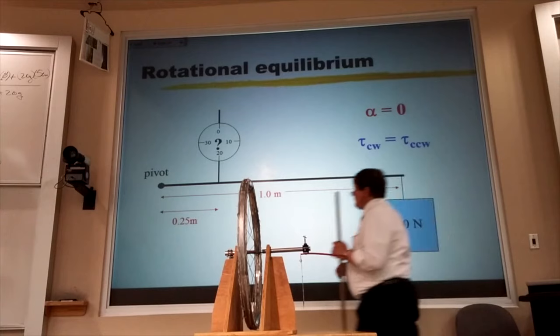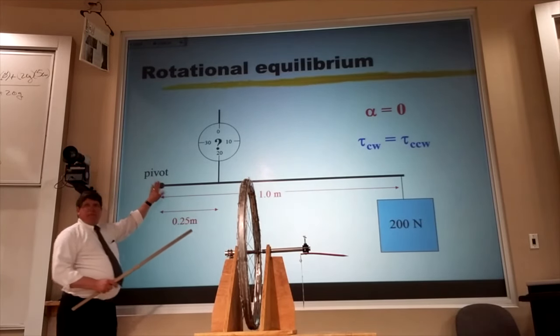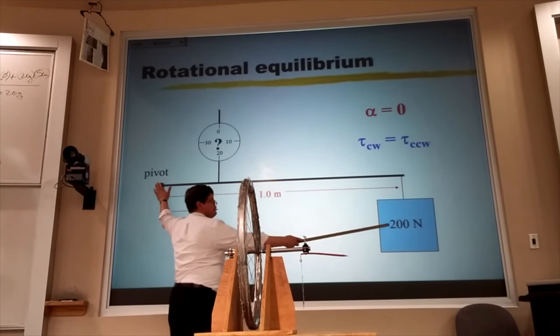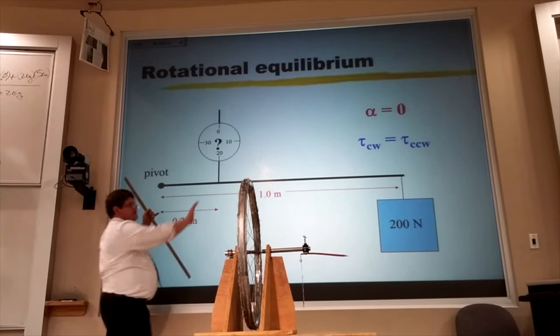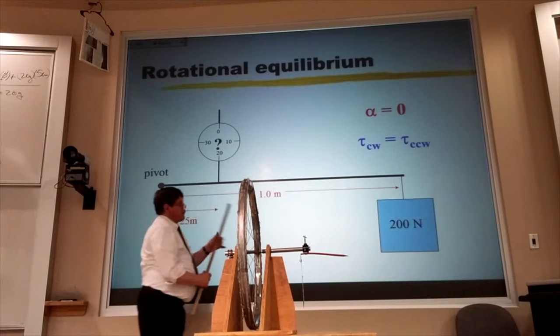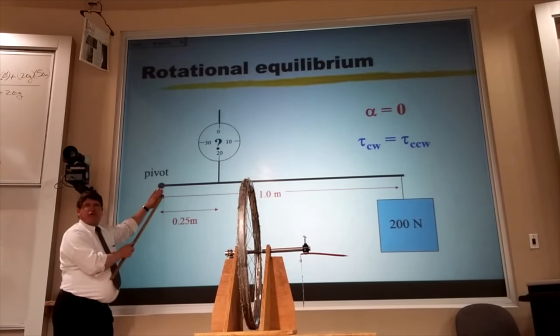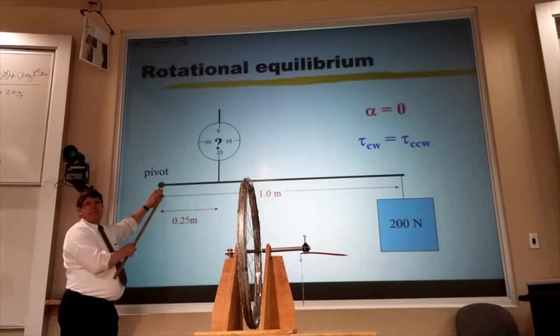Now, let's think about this rod rotating about this pivot. If that 200 newtons was the only force on this rod, that would make the rod go clockwise. And that torque is 200 times the lever arm, the distance to the pivot, or 1 meter. It's going to be 200 meter newtons.